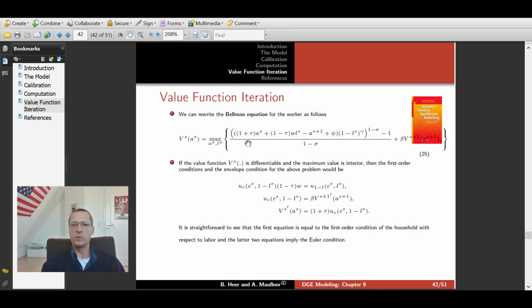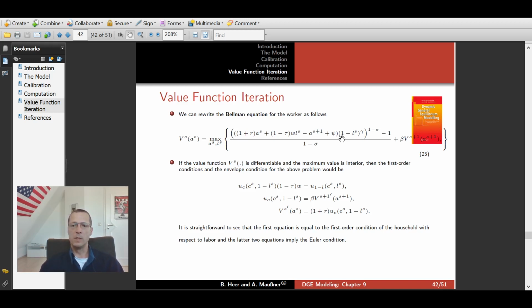So if we differentiate this equation with respect to L, the labor supply, we get the marginal utility from consumption times 1 minus tau times W, that's marginal utility, the derivative of the outer function. 1 minus tau W is the derivative of the inner function, 1 minus tau W LS with respect to LS, is equal to marginal utility from leisure, and this is the derivative of this utility function here with respect to leisure 1 minus LS.